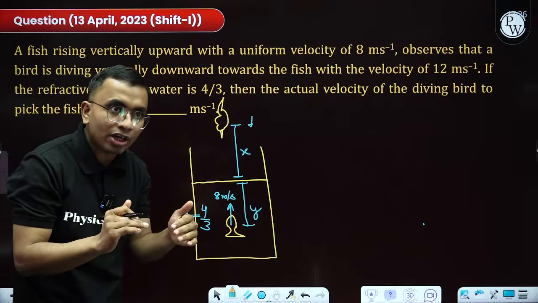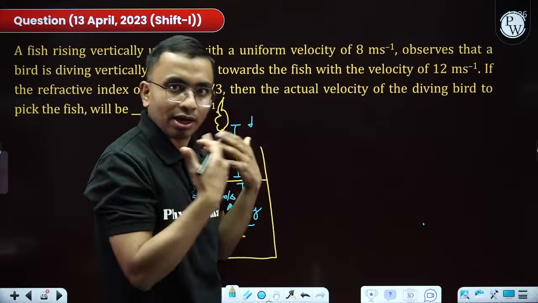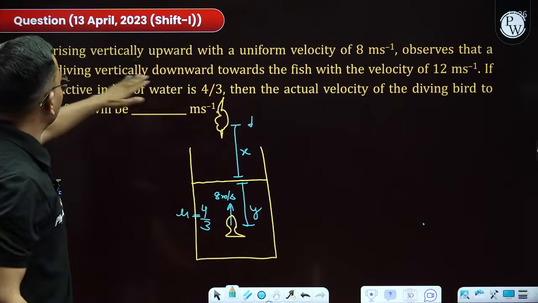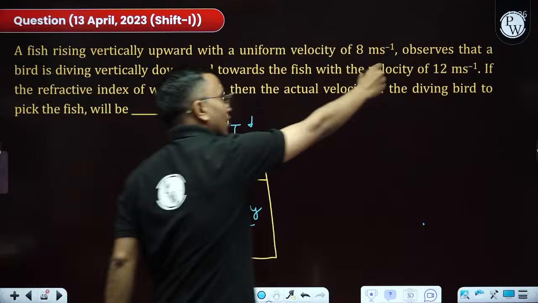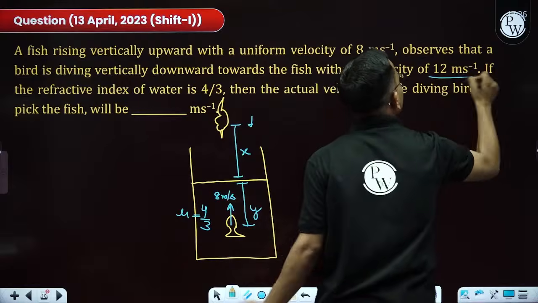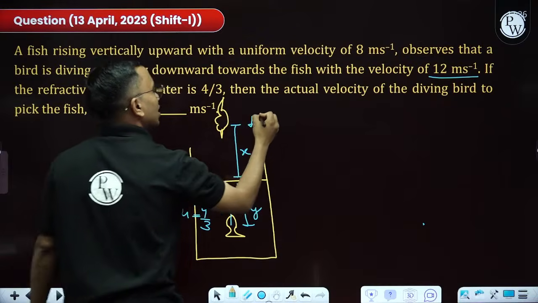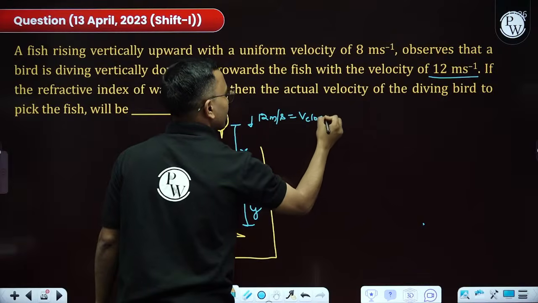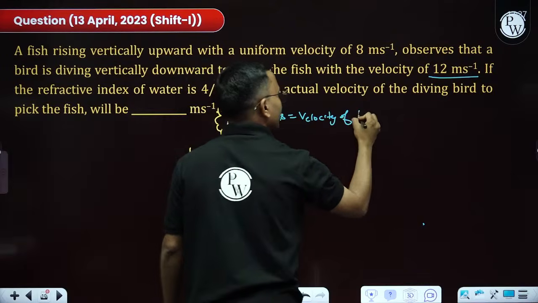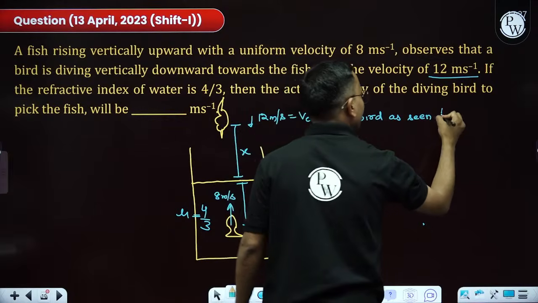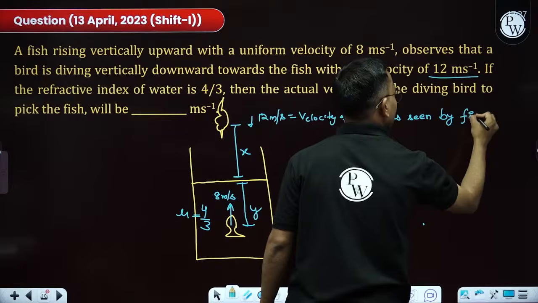It is the velocity of the bird as it appears to the fish. The fish sees the bird coming down with this velocity. So this is 12 meter per second, the velocity of the bird as seen by the fish.